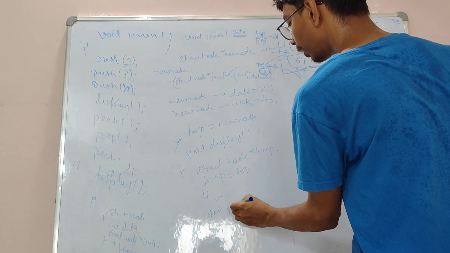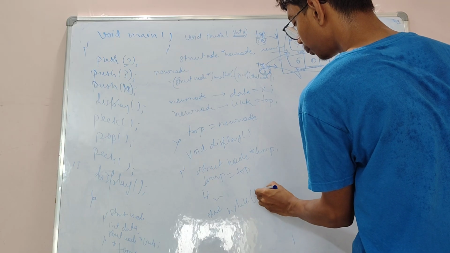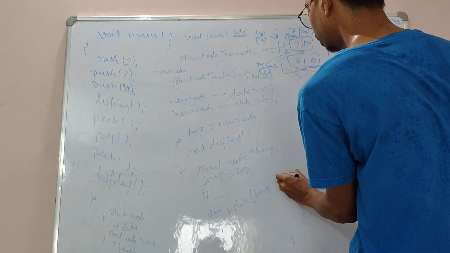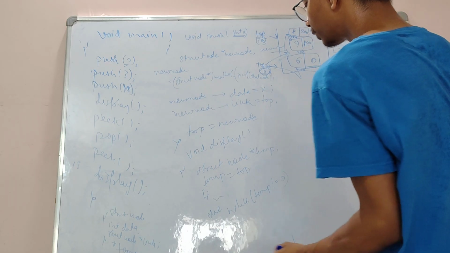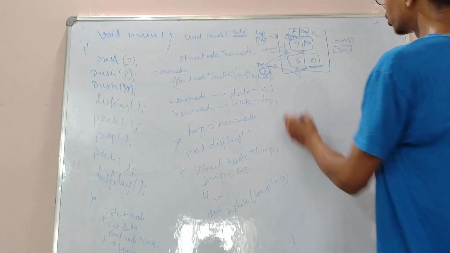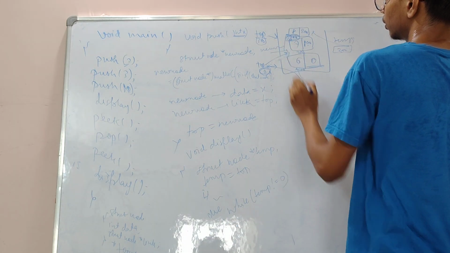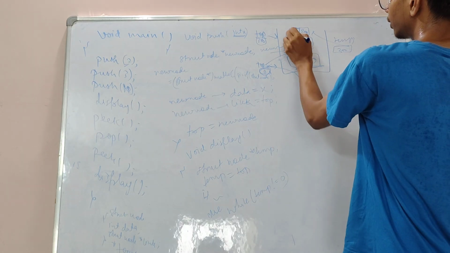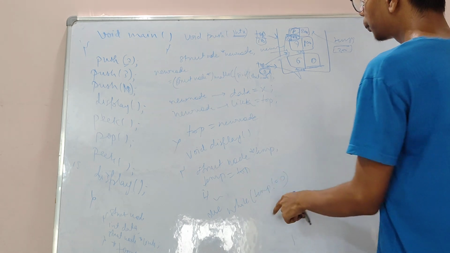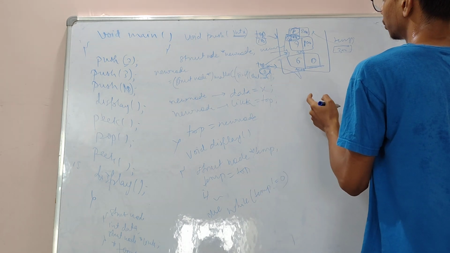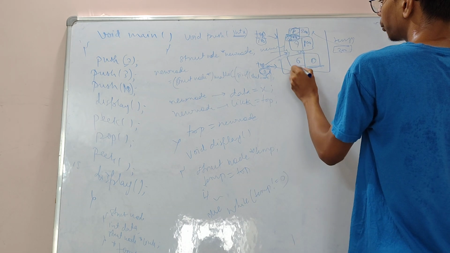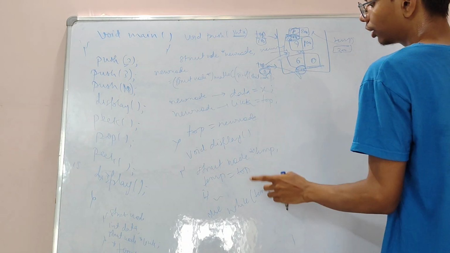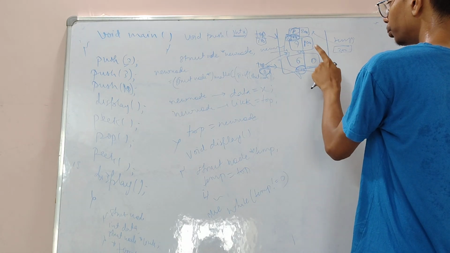So while temp is not equal to null, there will come a time when temp will be equal to 300. Once temp is equal to 300, it will print the data 8, and then temp will become, sorry, my bad, temp will become 100, and then it will print data, and then temp will become 0.